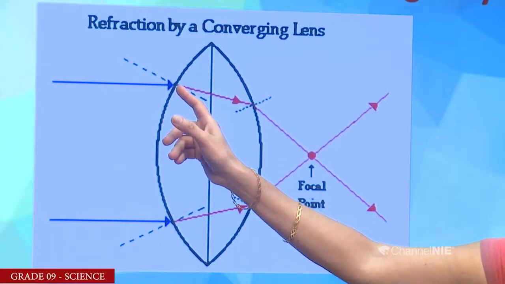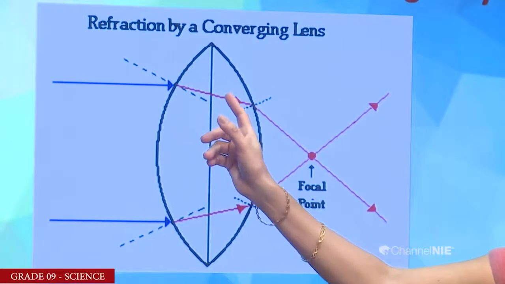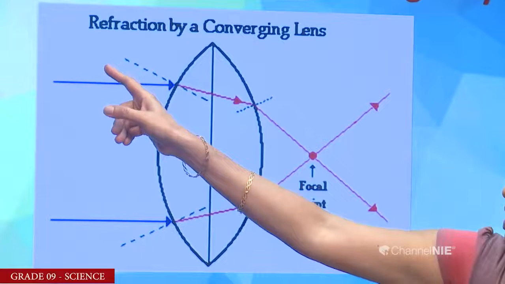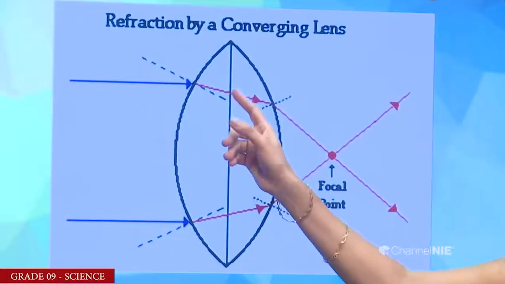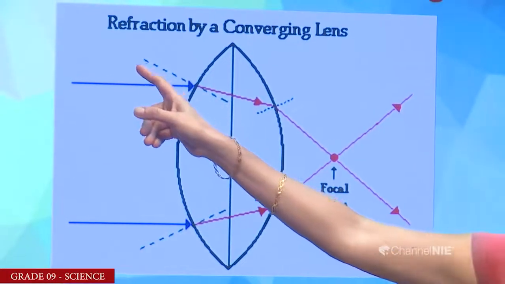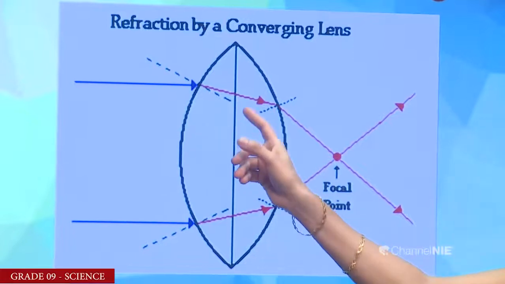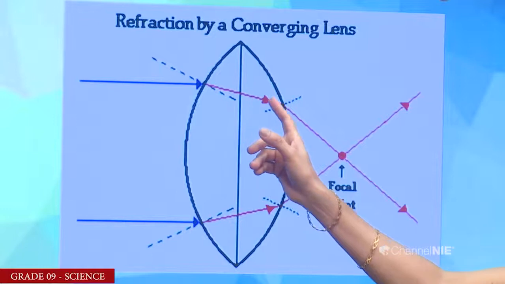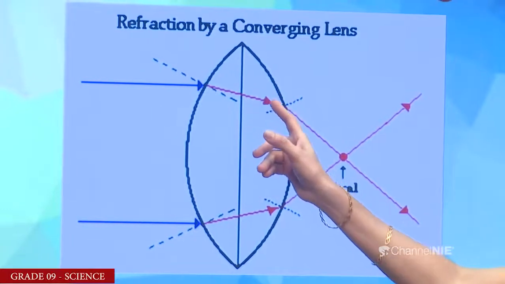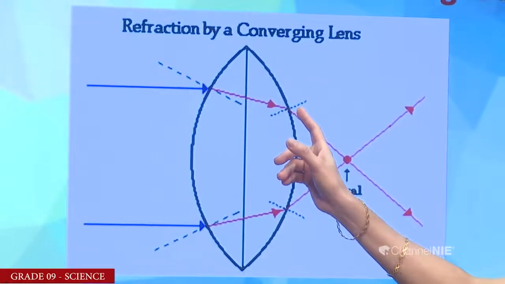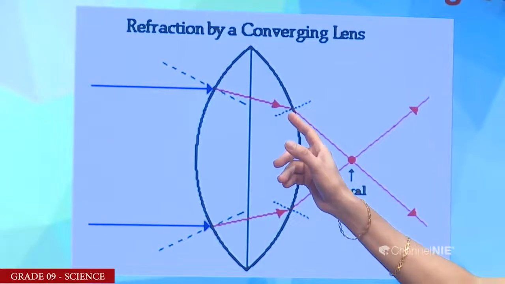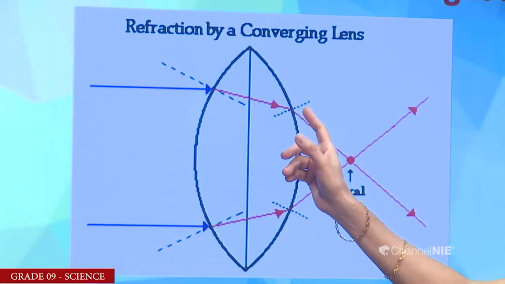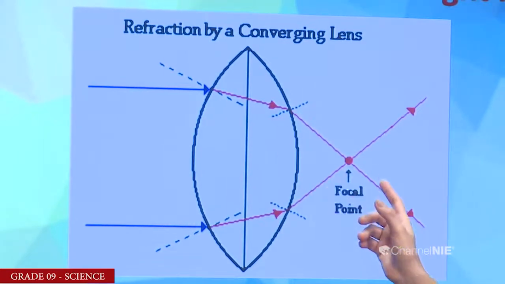So, you can see the light ray is bending towards the normal. That is because this light ray is coming from air to glass. So, this is the rare medium and this is the dense medium. So, it bends towards the normal, and when the refracted light ray hits the second surface, this is the normal, and at this point of incidence it bends away from the normal.